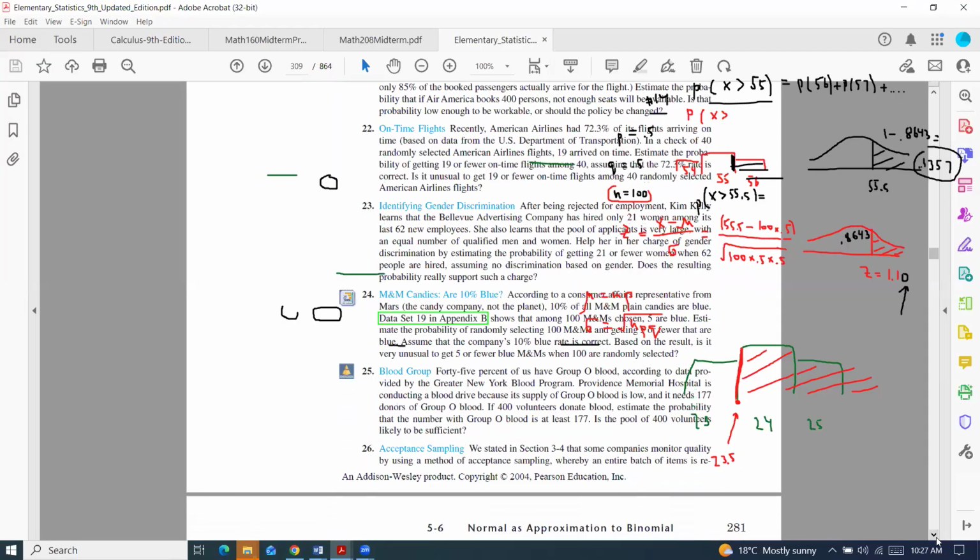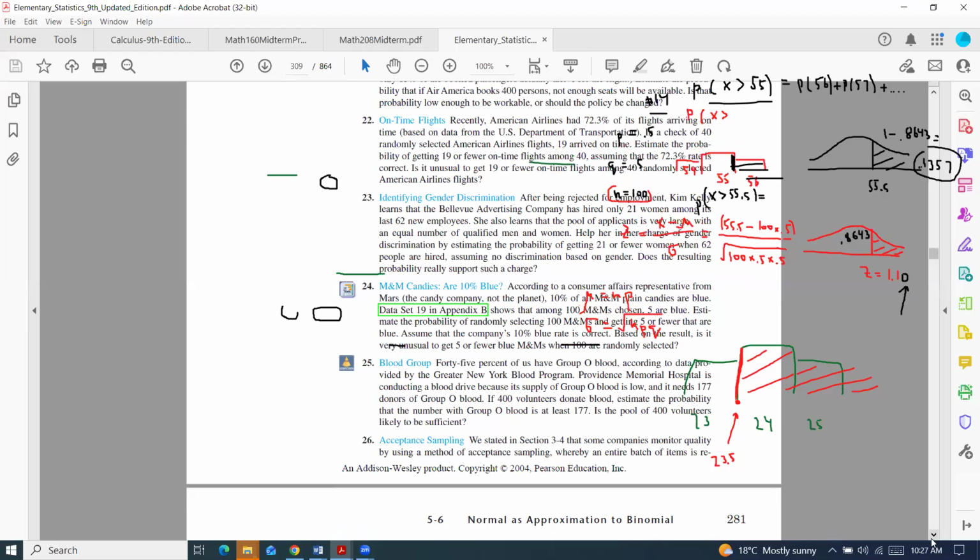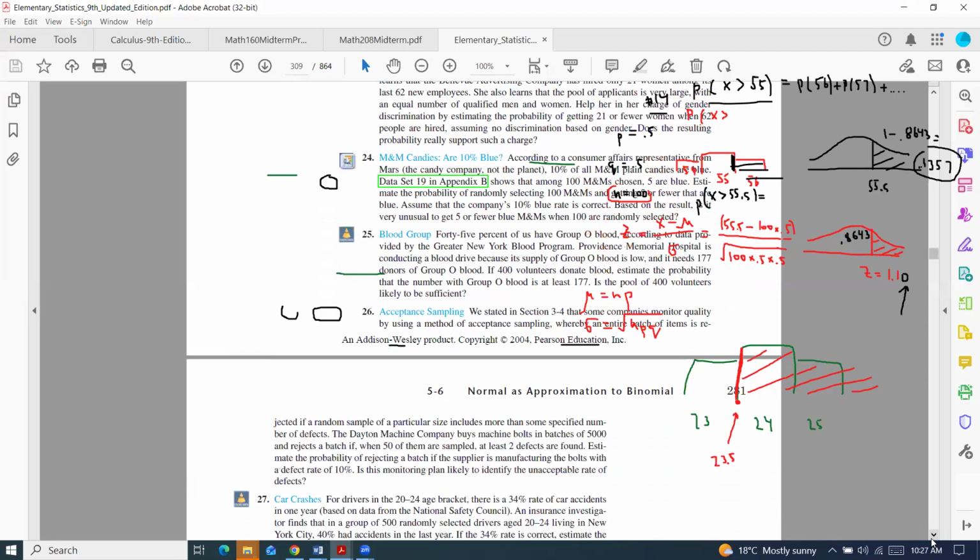Otherwise, if they say American Airlines flight 21 or fewer, or women 21 or fewer, it means 20, 19, 18, so you have to repeat this calculation so many times. It's going to be kind of hard to do 19 times, right? No, it's time consuming. That's what I'm trying to get at.